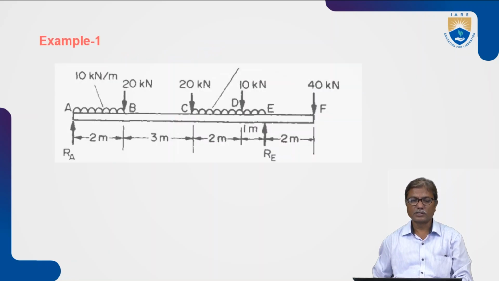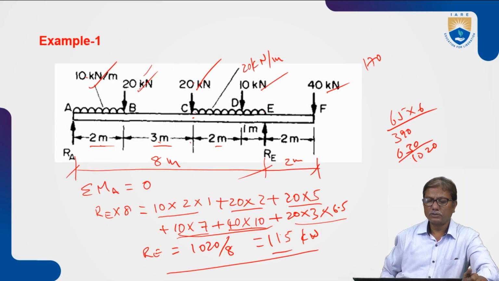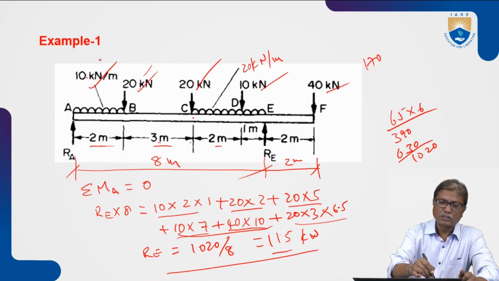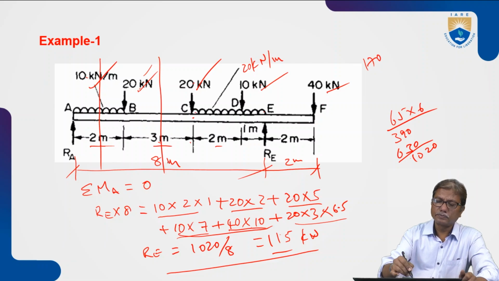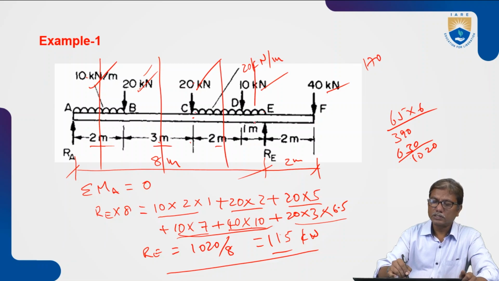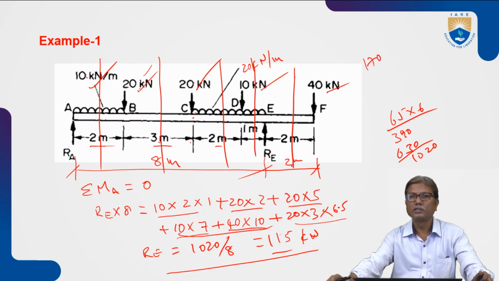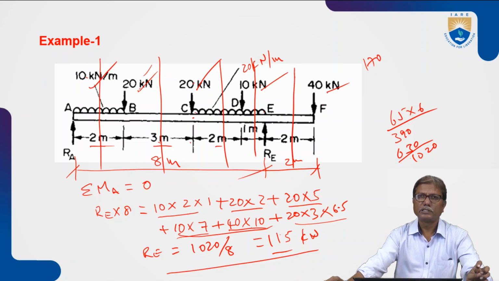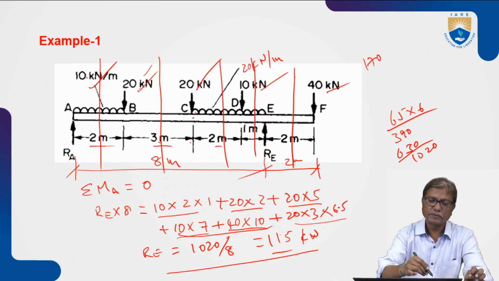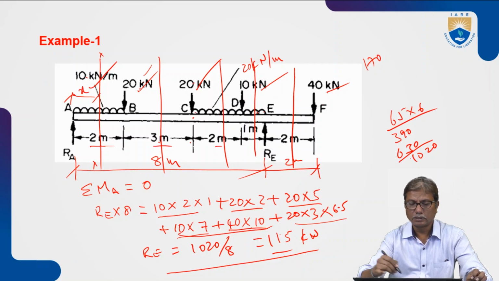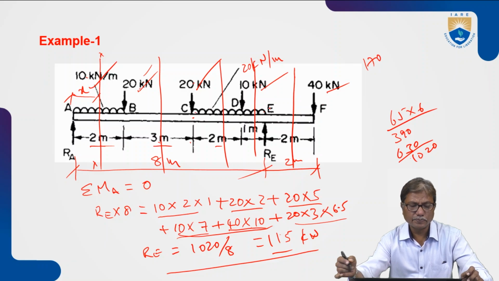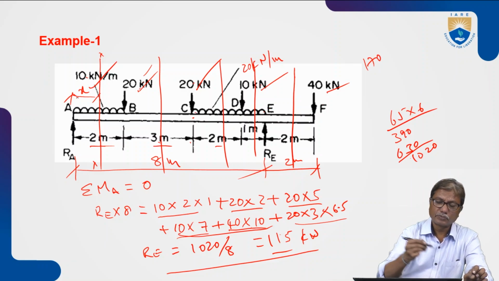Knowing the reactions, to draw the shear force diagram we consider various sections. For every load change, we consider one section, section X. You can take the origin either from A or from B or from E, the other support. Let us consider the origin from A only.